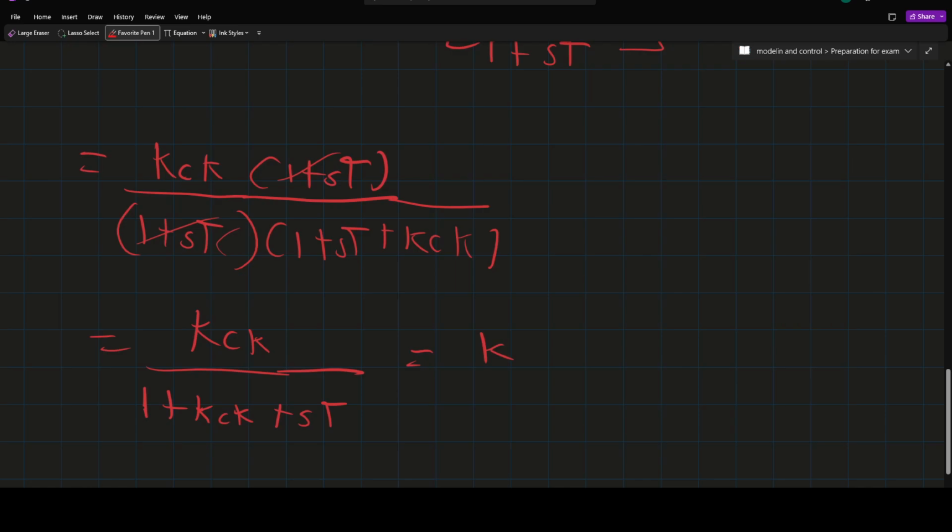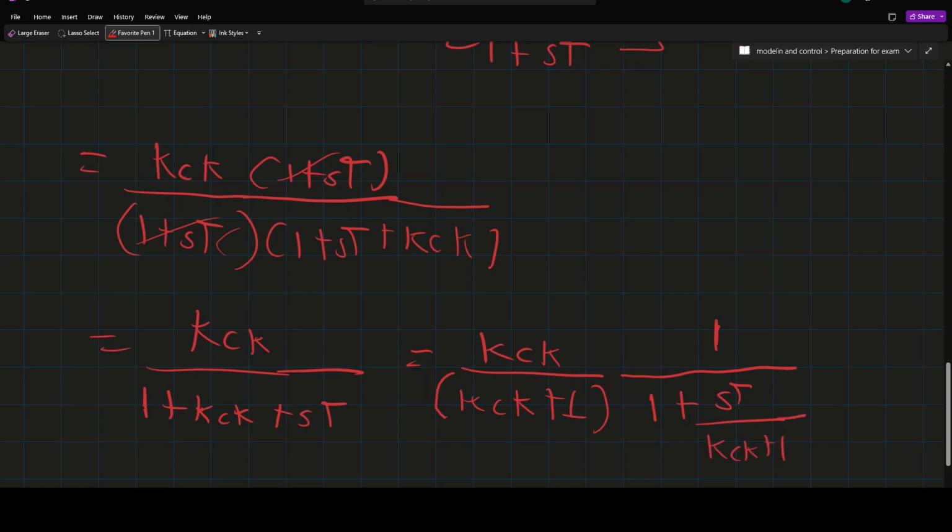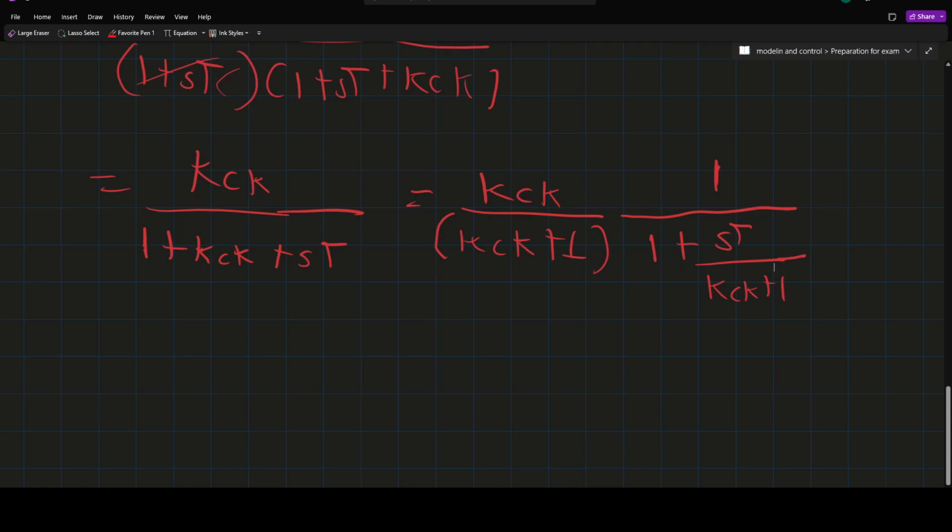Now if we factor out Kc K plus 1 both up and below, we have Kc K over (Kc K + 1), all over 1 plus τs over (Kc K + 1). We did this so we can have it in this form.